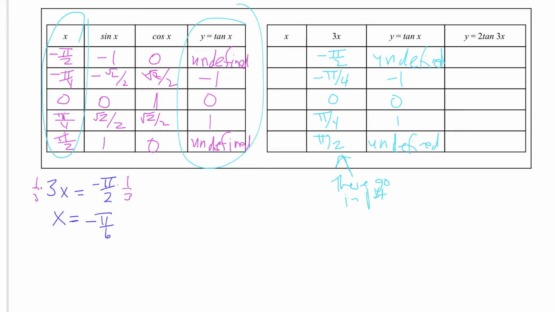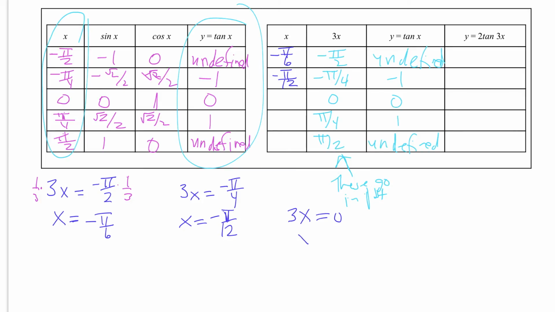So that's going to go in here. And then we'll take our 3x and set it equal to negative pi over 4. Multiplying by a third, we get x equal to negative pi over 12. Then we'll take our 3x and set it equal to 0.